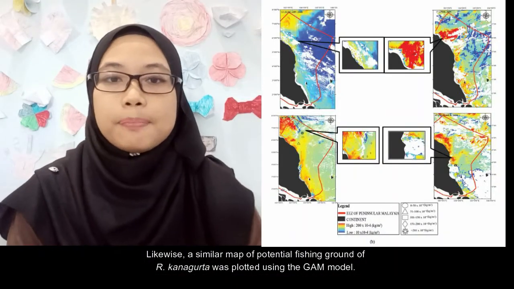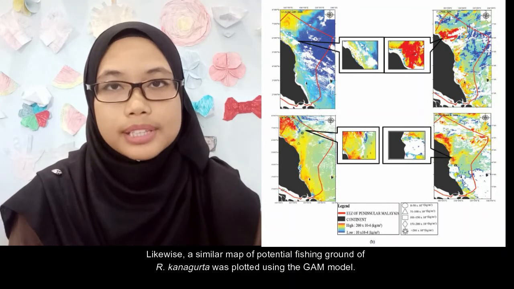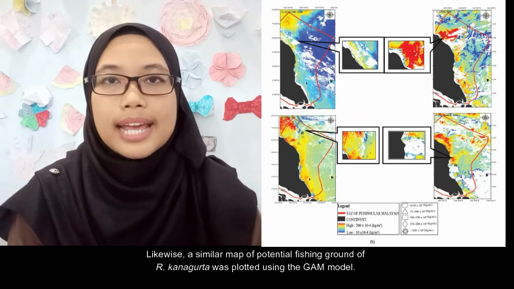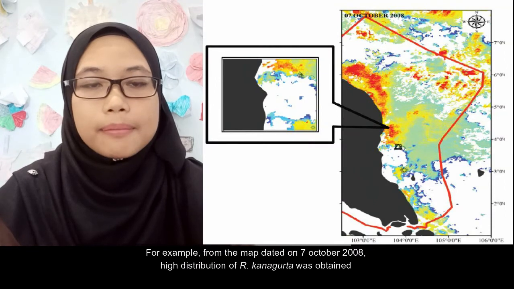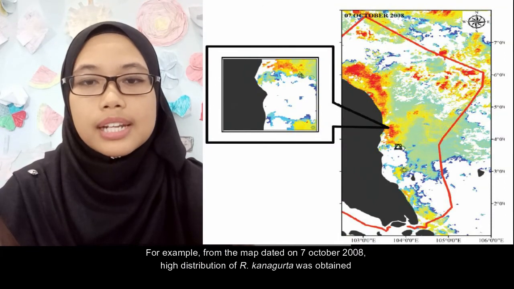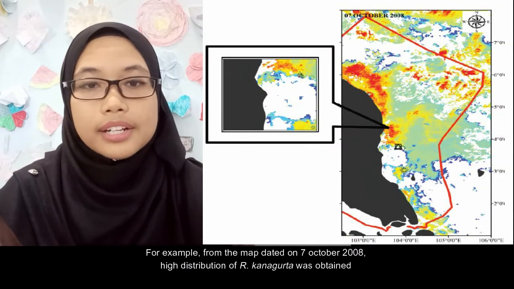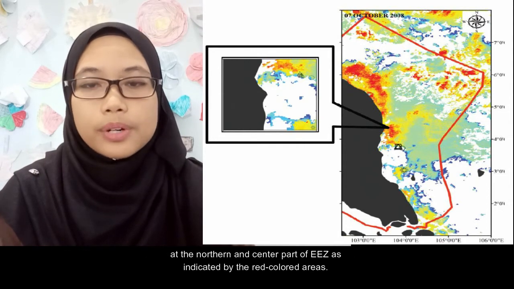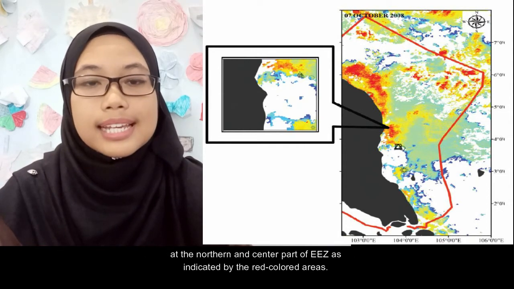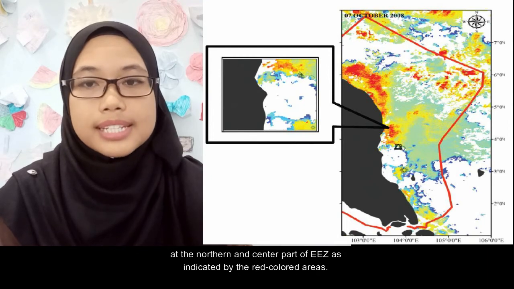Likewise, a similar map of potential fishing ground of R. kanagurta was plotted using the GAM model. For example, from the map dated 7 October 2008, high distribution of R. kanagurta was obtained at the northern and center part of the EEZ as indicated by the red colored areas.